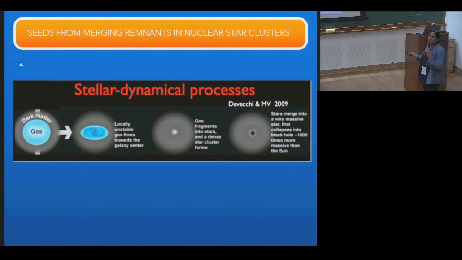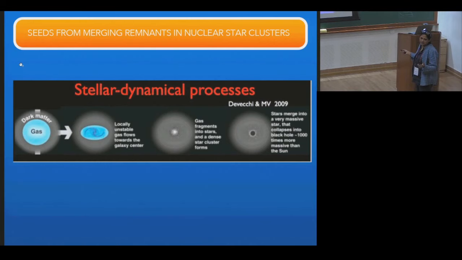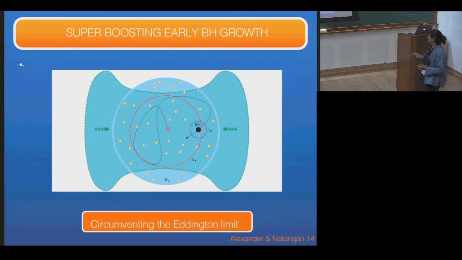So you could have one of two outcomes. You could have individual black hole remnants merging, or you could have the stars merging, making a big star, and then collapsing. Okay?